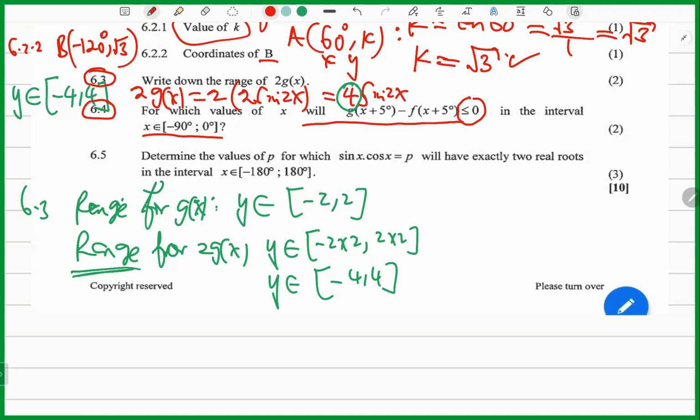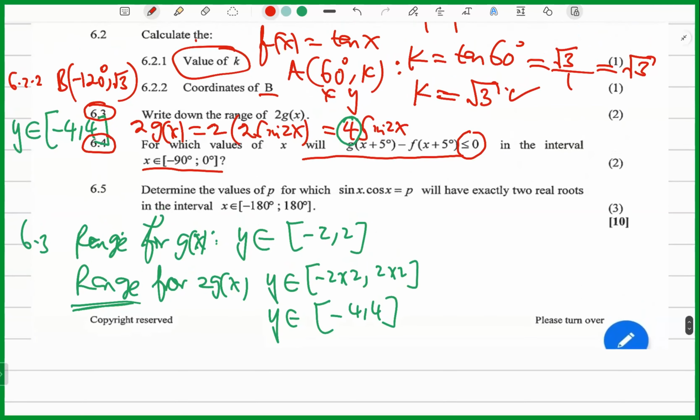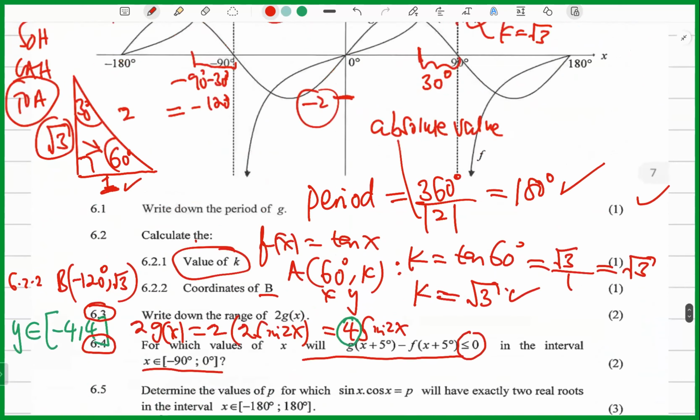Okay, so let's look at that one. Between minus 90 degrees and 0. Okay, 6.4. Let's look at that one.